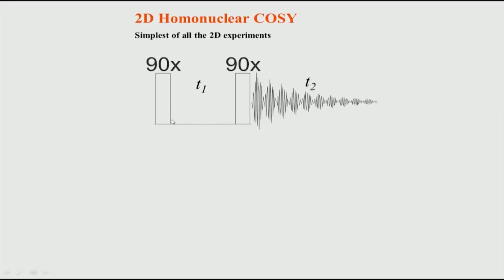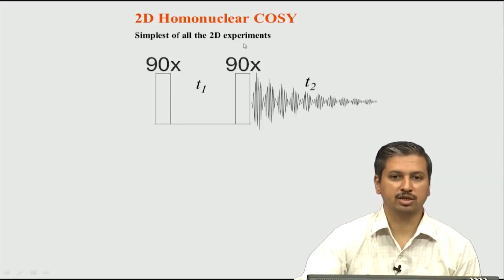Number 1, chemical shift evolution, oscillation in the xy plane. Number 2, relaxation to the z axis as well as in the xy plane. And number 3, transfer of magnetization to the second spin, a neighboring spin. This is the simplest of all experiments in 2D, nothing can be simpler than this, and it is in fact one of the first ideas of how 2D was proposed.